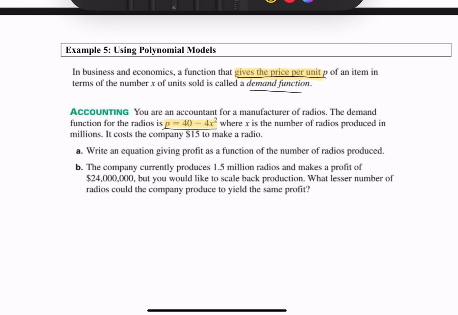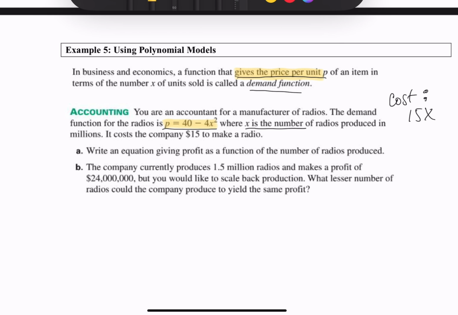And x is the number of radios, so that's important, produced in millions. And it costs the company $15 to make a radio. So the cost for all the radios it makes is going to be 15x. Okay, and we know that x is the number of radios.